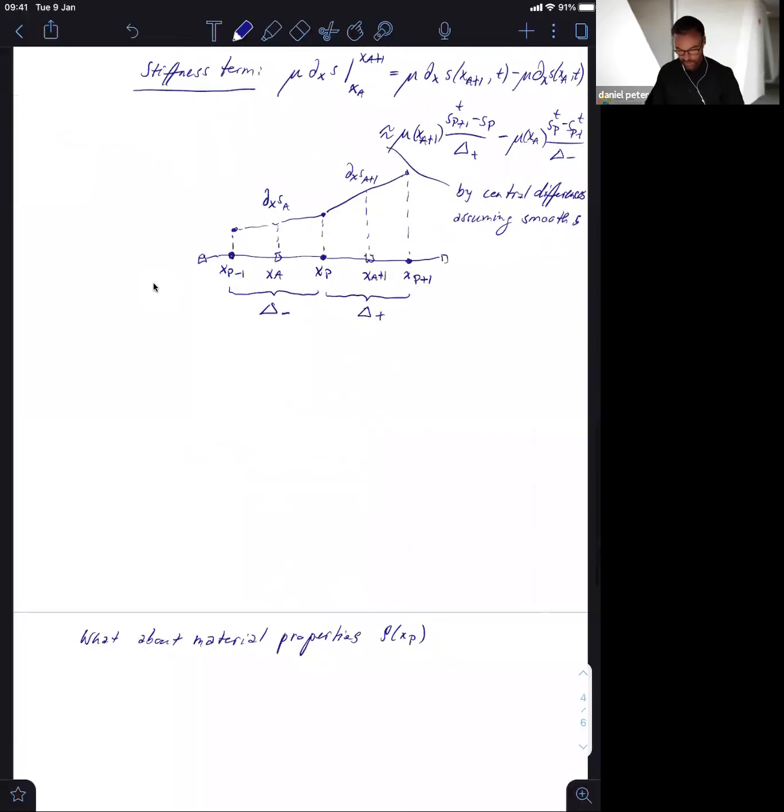And then we have the shear moduli at xa and xa plus 1. So the shear moduli is needed at the cell faces, where the density is needed at the centroid position.